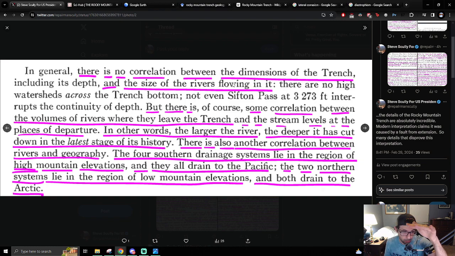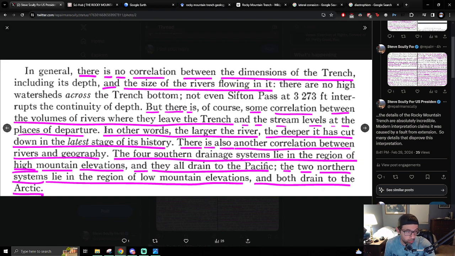But as the water reduces in the sheer quantity that's flowing through, but is still flowing through, it then has to cut into the ground. It's more able to. So it would make sense that as things stabilized, current flows that were the strongest ways, the larger paths, the larger rivers, were able to cut deeper at the latest stage of its history.